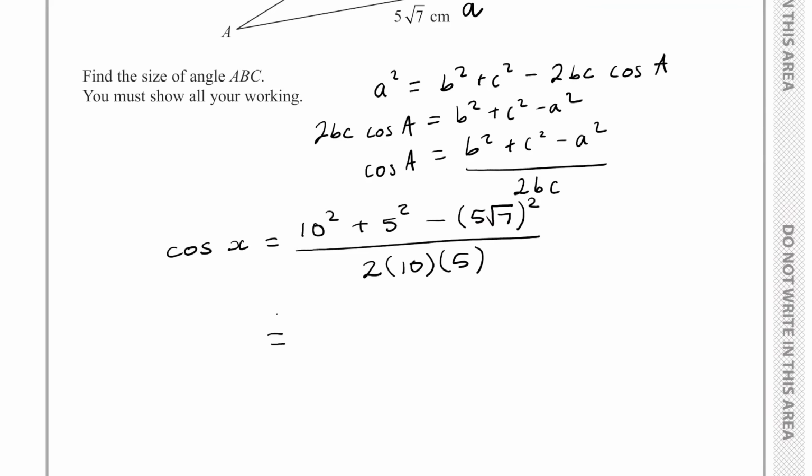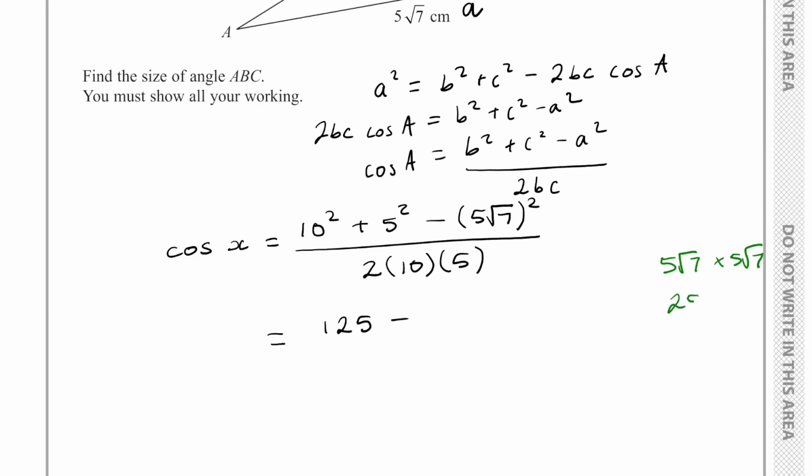So let's simplify. 10 squared is 100, plus 5 squared, which is 25. So 125. Take away 5 root 7 squared. So 5 root 7 times 5 root 7.